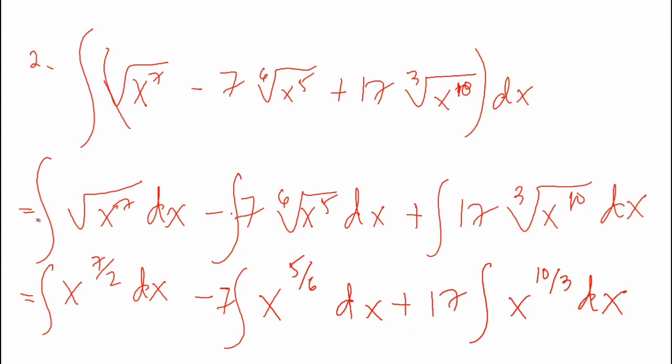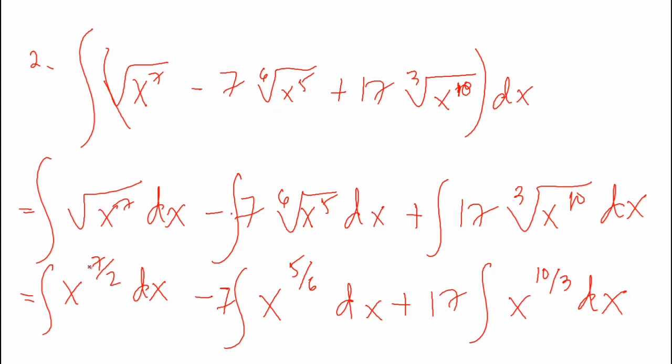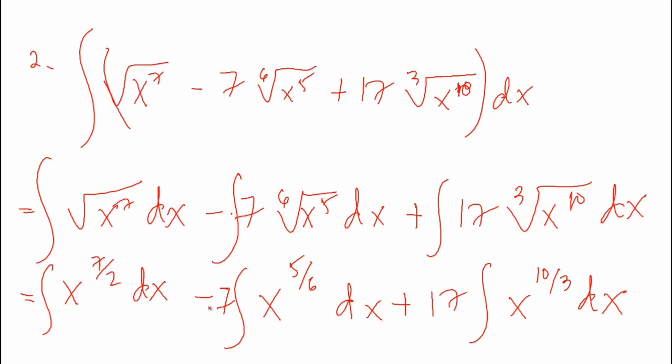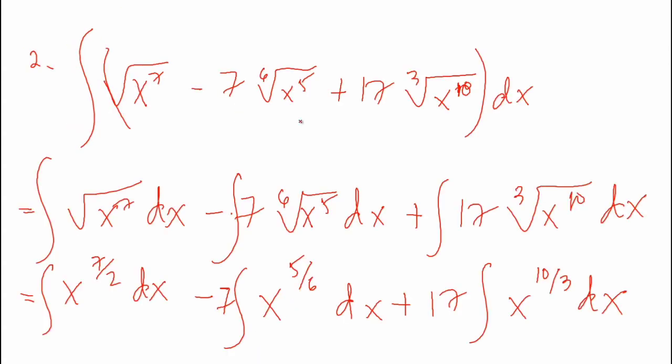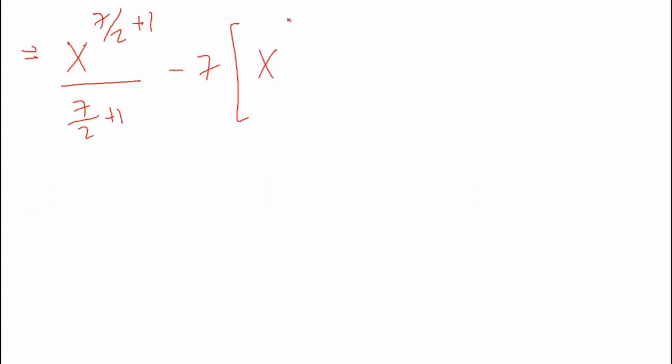There are 3 functions here. The first is x raised to 7 over 2 plus 1, over 7 over 2 plus 1. The second term is minus 7 times, in a bracket just to separate it from the number 7, x raised to 5 over 6 plus 1 over 5 over 6 plus 1.